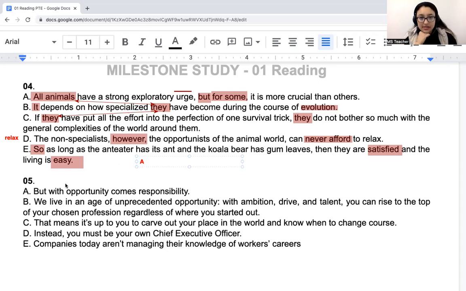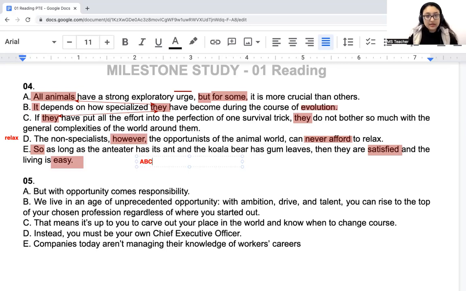Now, all animals have a strong exploratory urge, but for some, it is more crucial than others. B. It depends on how specialized they have become. So who takes it in a crucial way, who takes it easily, depends on how specialized they have become. Okay.